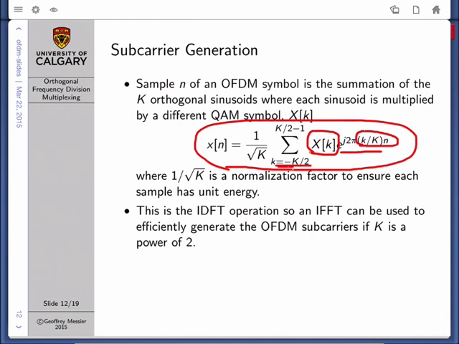And so the IDFT can just be implemented using an inverse FFT, which is extremely efficient and really is the reason why OFDM has become a practical technique. So performing an inverse FFT operation is much more computationally efficient than implementing a big equalizer to deal with the dispersion, and that's why OFDM has an advantage.